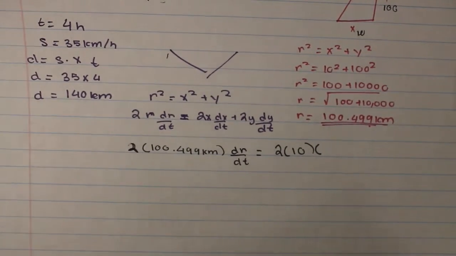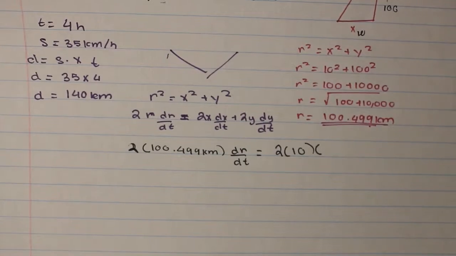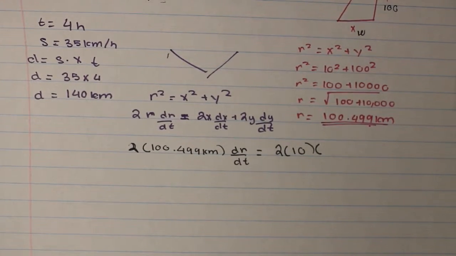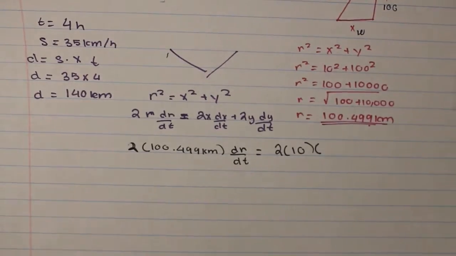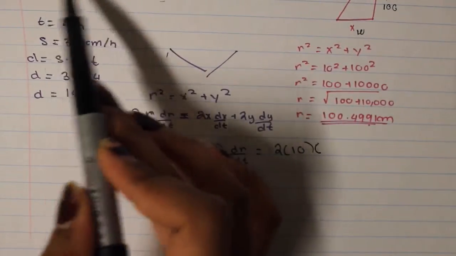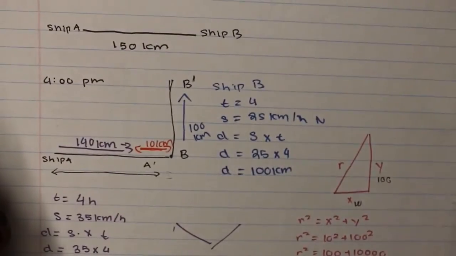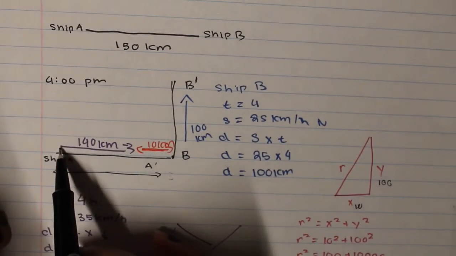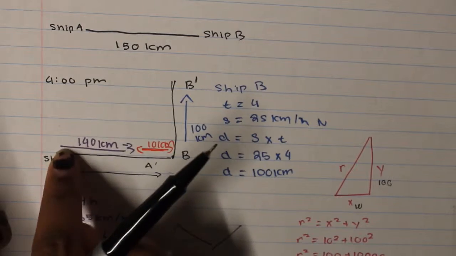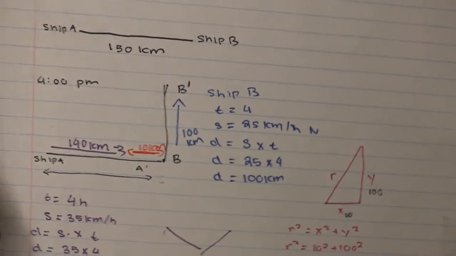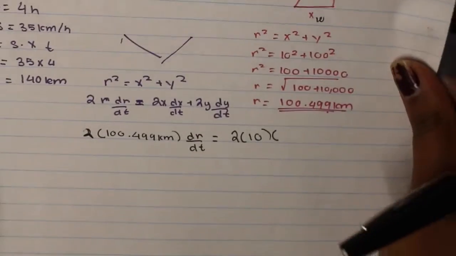But mind that we would actually take the rate to be negative, because the distance is decreasing as it moves to the west. If you can see here, ship A is going towards this side, and as it keeps moving, it's decreasing. So that means that we put the rate as negative.